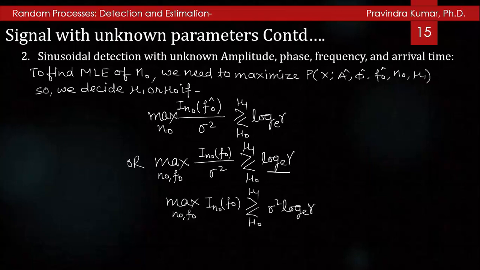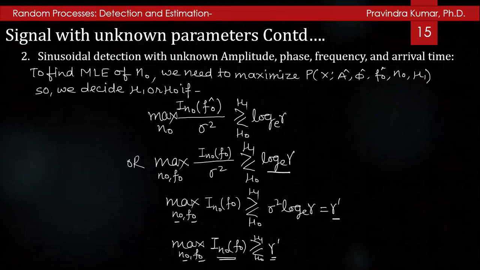Or I can write it as the maximization of the periodogram with n0, f0 being less or greater than sigma squared log γ, which is the new threshold value γ′. Or you can write it as the maximization of the periodogram with n0, f0 greater or less than the threshold value γ′.